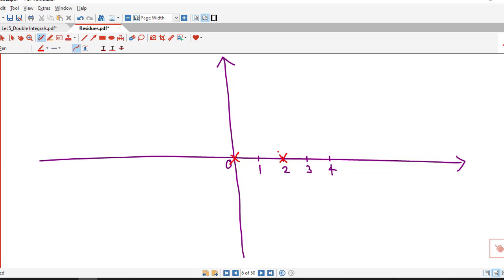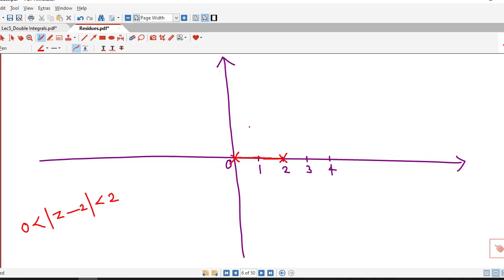Now if we consider 2 as the center and draw a circle with radius 2, a circle with center z equal to 2 and radius 2, then the function will be analytic in the deleted neighborhood of z equal to 2. So we consider the circle with center 2 and radius 2.